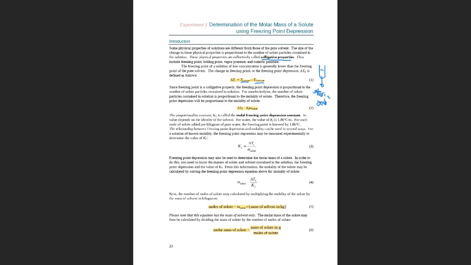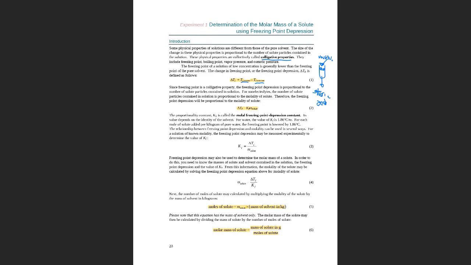But what happens is that if you add a non-volatile solute, you are going to add some solid that is an unknown. And you are going to measure the freezing point of that solution, the unknown plus the stearic acid.